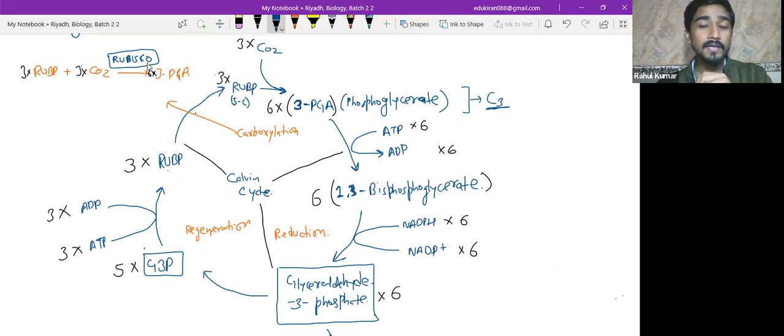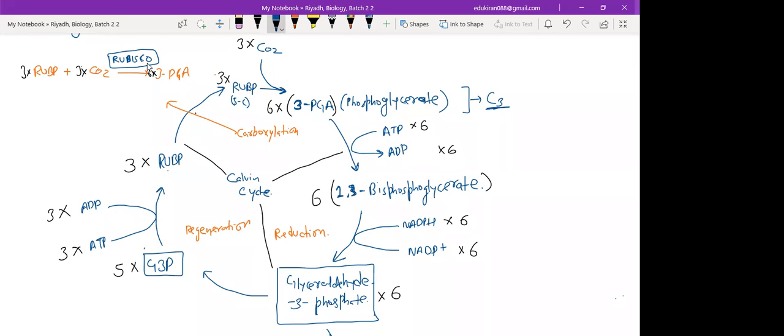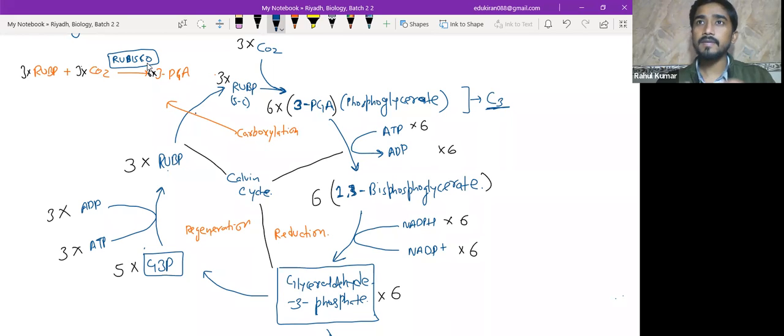And that also not in trace amounts, but in every single cell which can photosynthesize and which has a green pigment, correct? Yes, sir. Rubisco is the most abundant enzyme in the ecosystem, or what we call the biosphere of Earth.